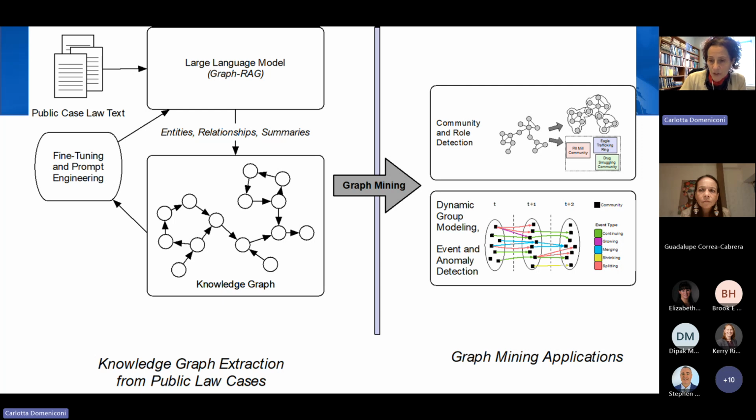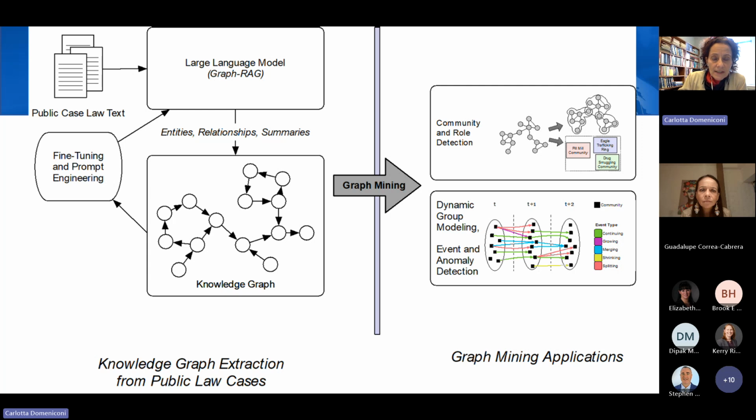And again, we will leverage domain knowledge. The result of this validation process is further feedback that we will be using to further tune our prompts, our input to the large language model. And we anticipate this to be an iterative process until we converge and we obtain a knowledge graph that is accurate and as complete as possible.